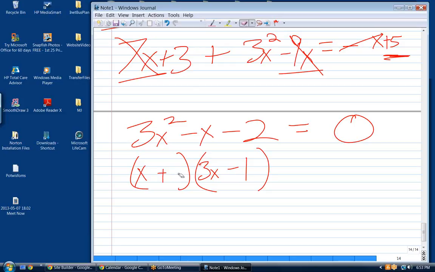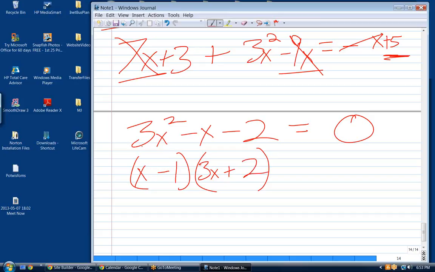So let's try plus 1 minus 2. That doesn't work either. There's only one other combination, which was the first one we happened to come on, and that would be minus 1 plus 2.